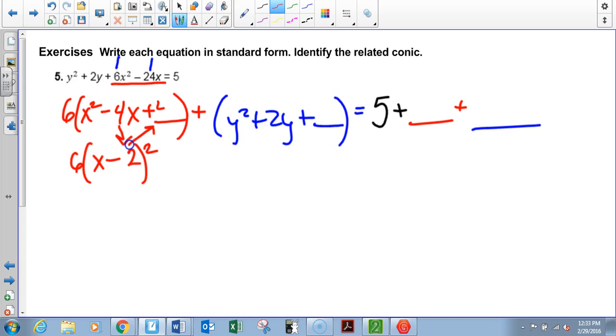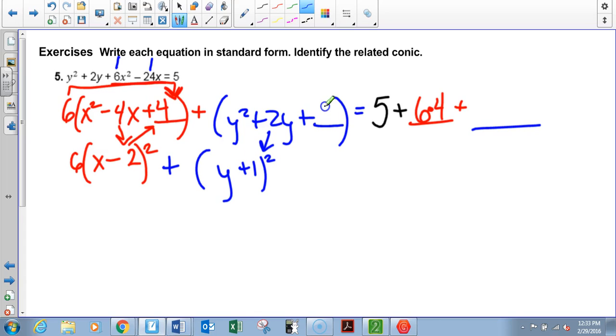When I square it, I put a 4 here, which becomes what when I add it over to the other side? 6 times 4 is 24. And you can write it as a 24. I'm just writing 6 times 4 so you remember where it came from in your notes. The blue is y plus half of this would be 1. 1 squared is what?